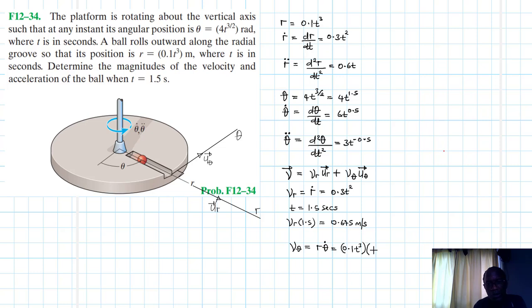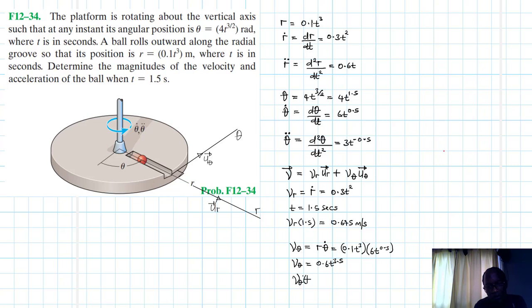Therefore, this becomes 0.6 t to the power 3.5.